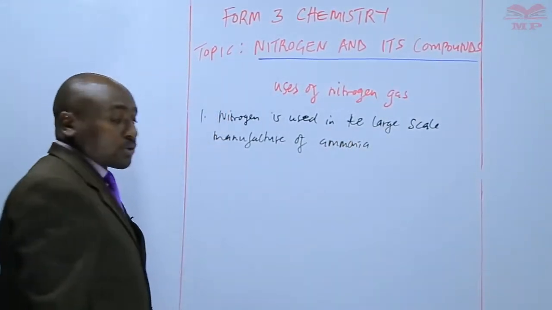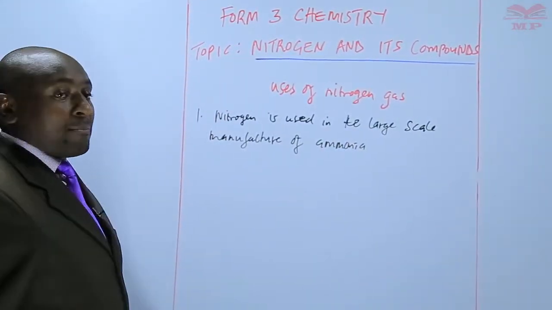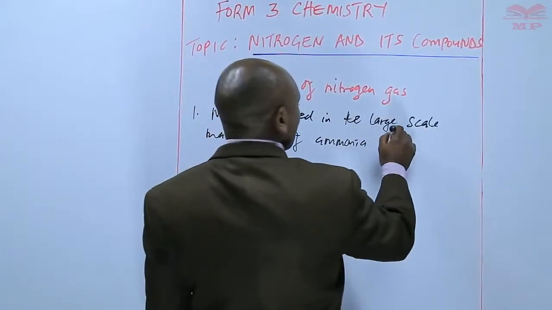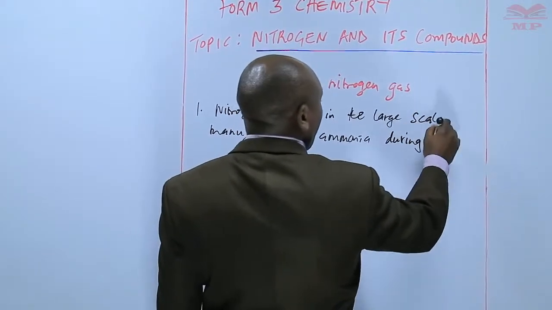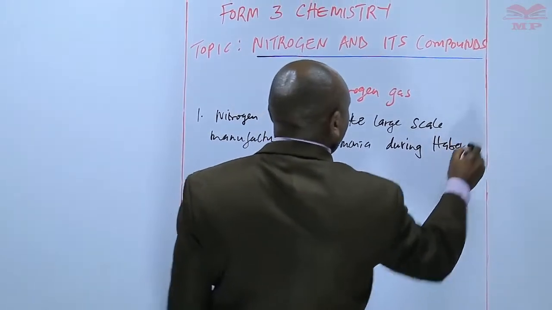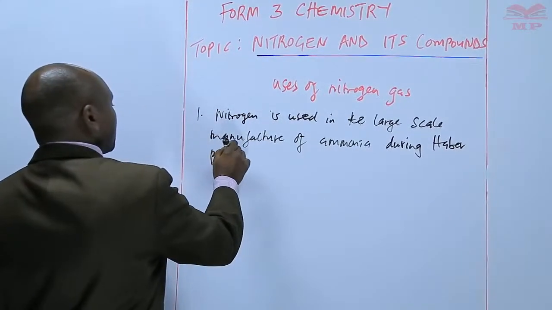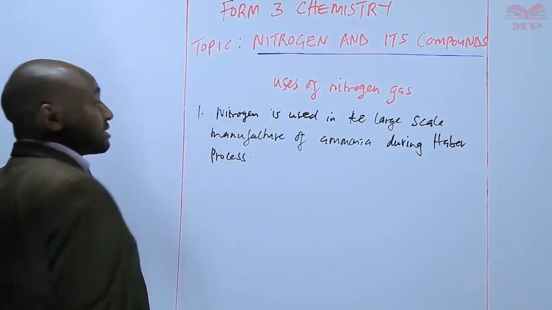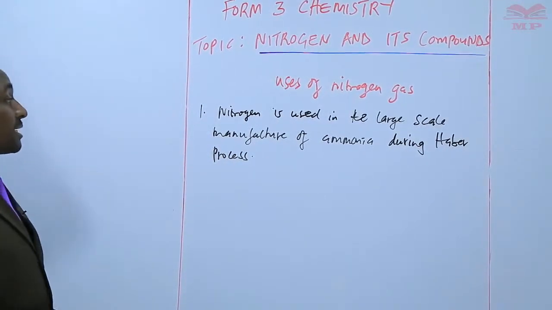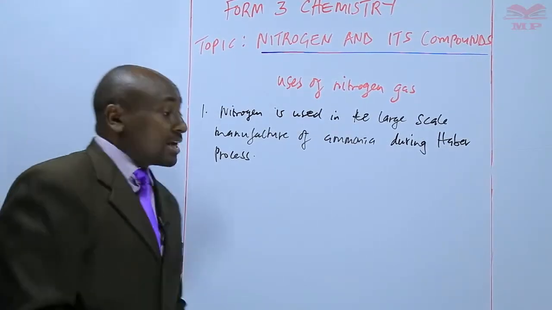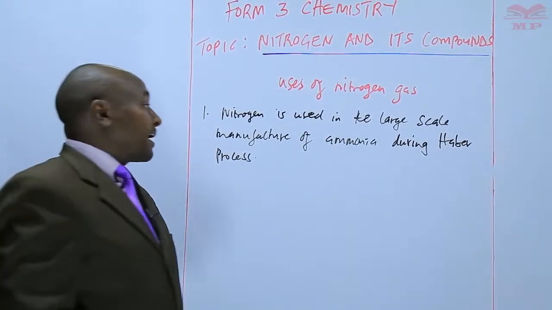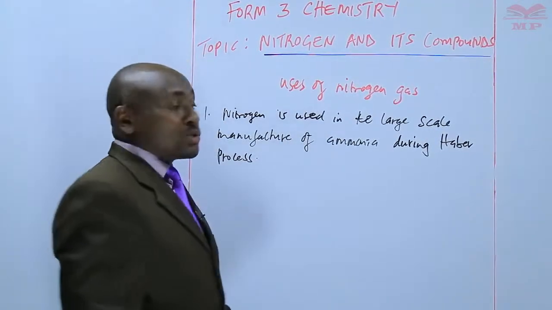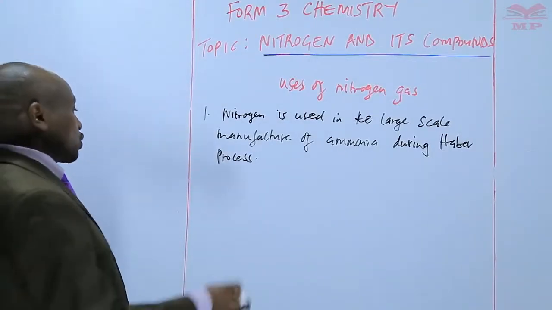And this process, we refer to it as Haber process. So Haber process is the process that is involved in the large-scale manufacture of ammonia, and nitrogen is used as one of the raw materials.